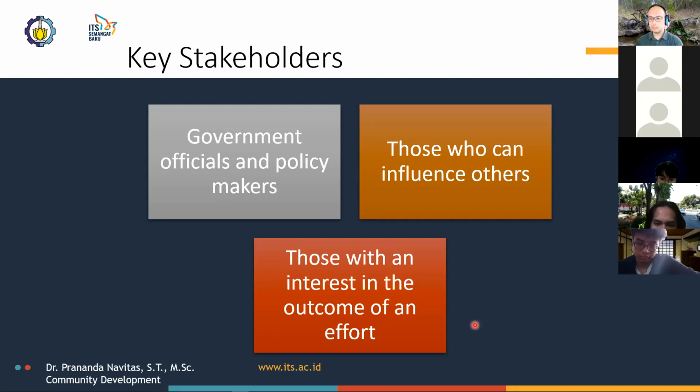Their work may have convinced them of the need for an intervention or initiative. Or they may simply be sympathetic to the goals of the effort and understand them better than most.